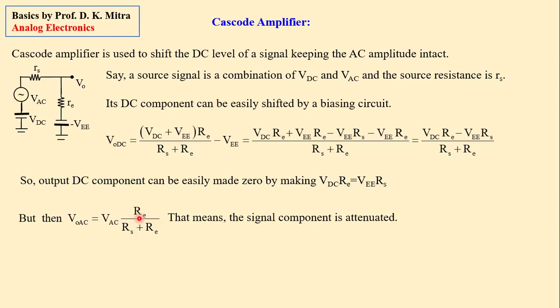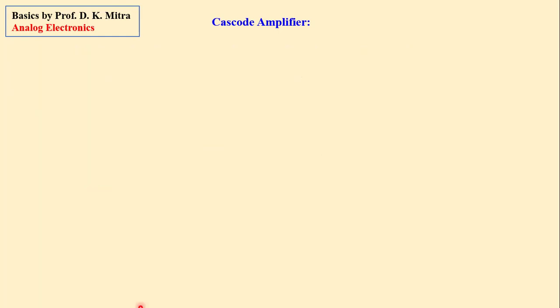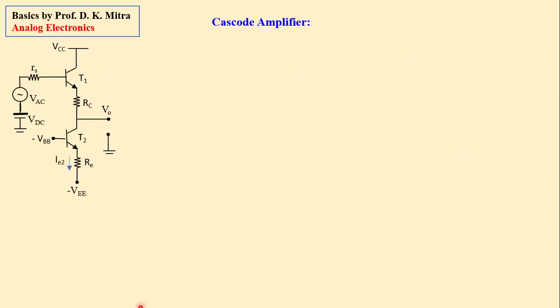Signal getting attenuated is very problematic because we spend a lot of money in amplifying the signal. We don't want the signal to be attenuated. What is the remedy? What is the way out? Remedy is only a cascode amplifier. Now, how does a cascode amplifier look like?